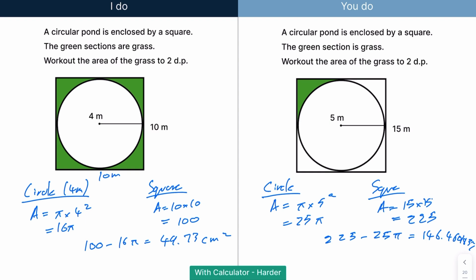And now notice what we've found here, this number, is basically what all of these sections are. We just want to know what one of them is. So we're going to divide it by 4. So on your calculator, you can just do something like ANS divided by 4. So if I just do answer, divide that by 4, I get the answer as 36.62 centimeters squared.